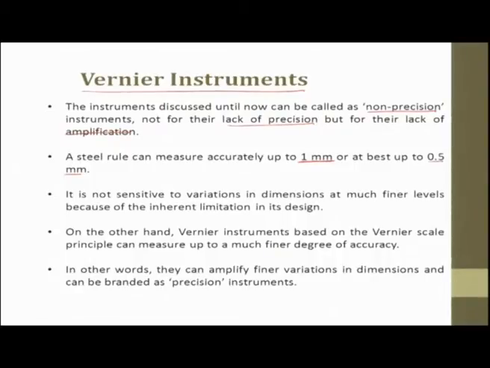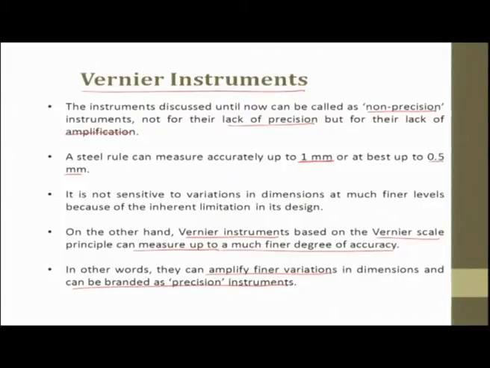It is not sensitive to variation in dimensions at much finer levels because of the inherent limitation in the design. On the other hand, vernier instruments based on the vernier scale principle can measure up to a much finer degree of accuracy. In other words, they can amplify finer variation in dimensions and can be branded as precision instruments.